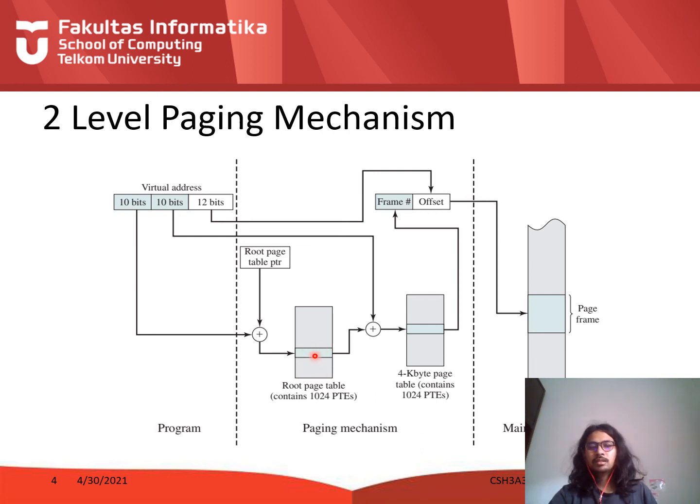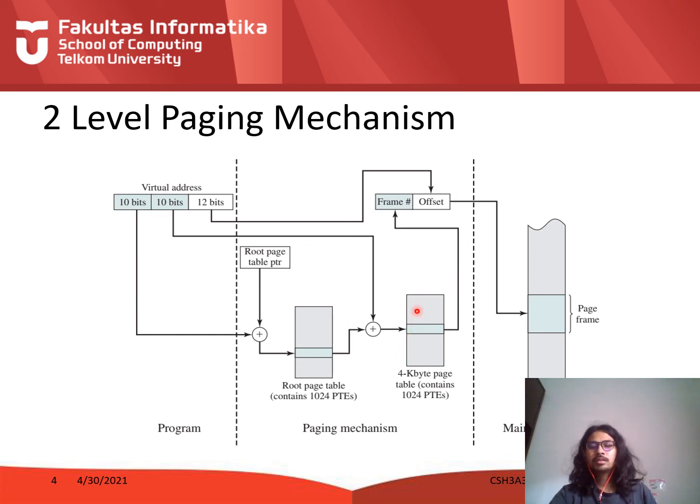So this address is used, and it is combined with another 10 bits of address. So it makes 20 bits of address, and then we search the 20-bit address inside this part of the greater page table.